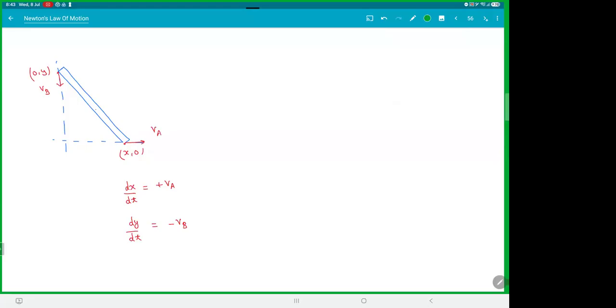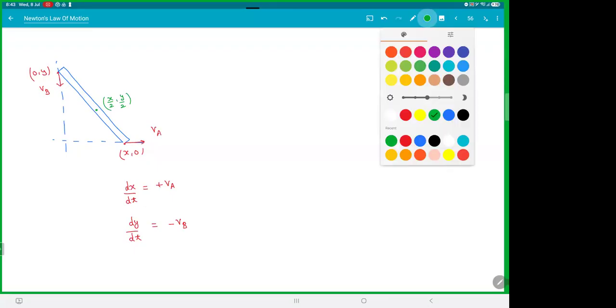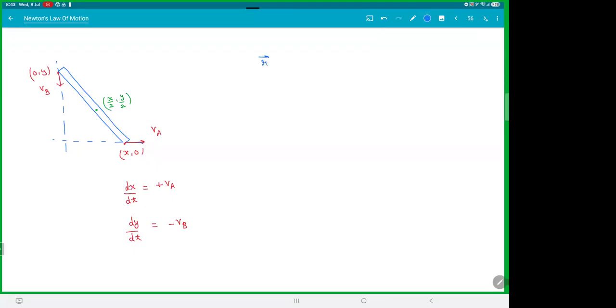So if you look at the center coordinates, that would be x by 2 comma y by 2. Therefore, position vector of C is x by 2 i cap plus y by 2 j cap. Then velocity of C will be half dx by dt i cap, half dy by dt j cap.